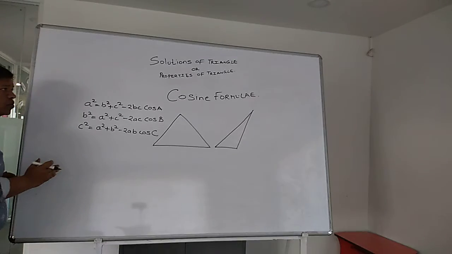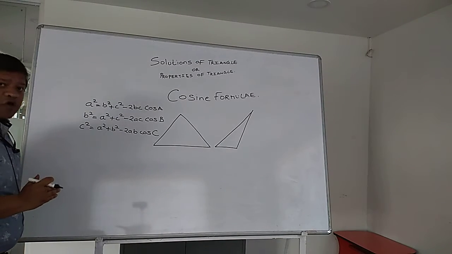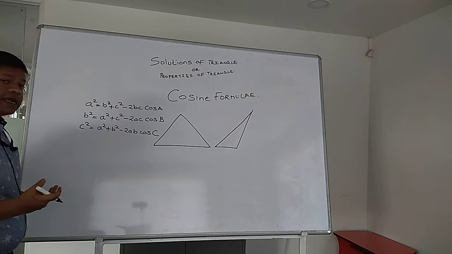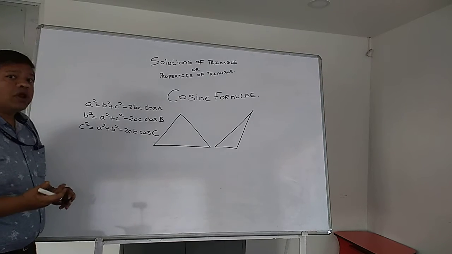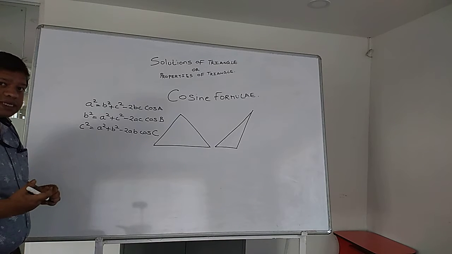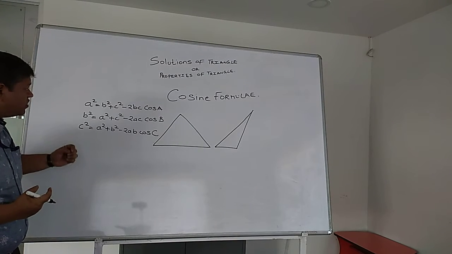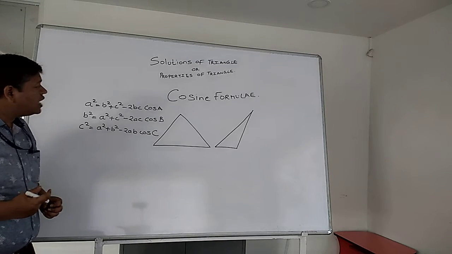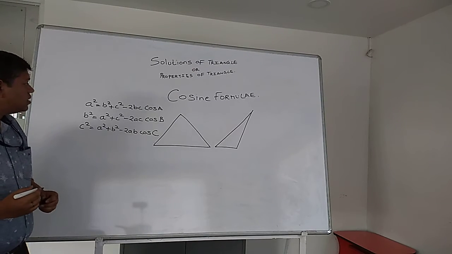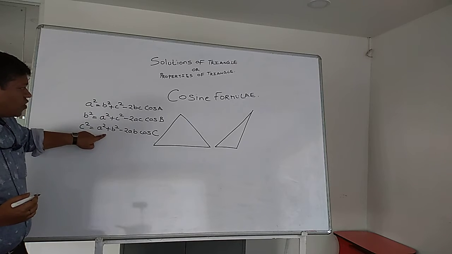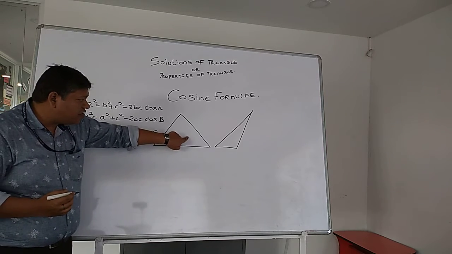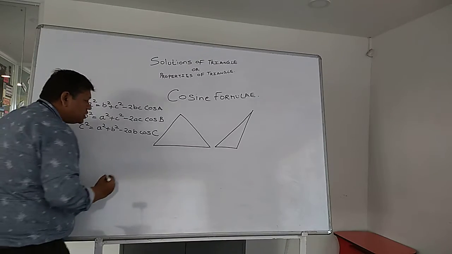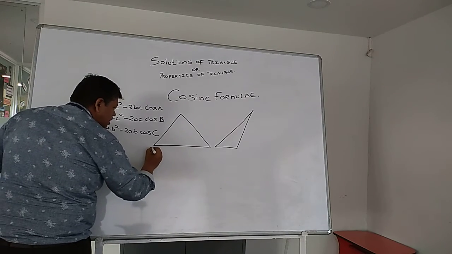That is why I told you that this particular formula or tool is used when we need to establish a relationship between the three sides of the triangle and one angle of the triangle. So let us see how we derive these formulas for an acute angle triangle and for an obtuse angle triangle. Please see to it how we derive it.